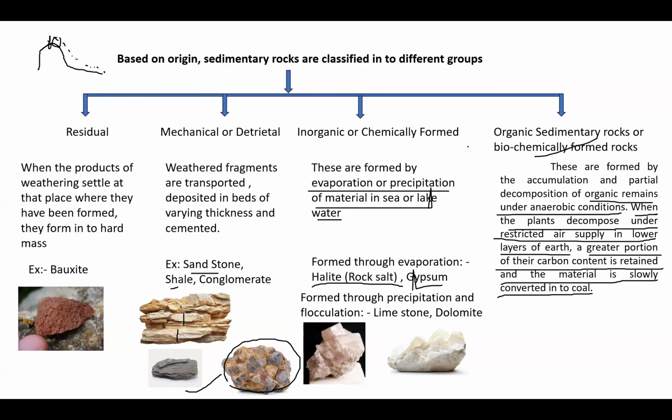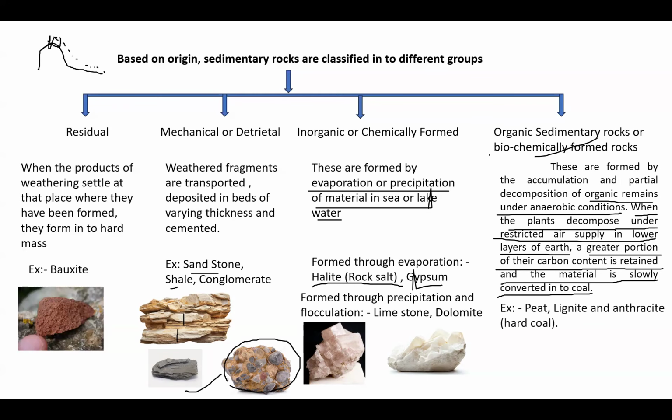That means whatever organic residues or plant materials are there, they are deposited beneath the layers, and due to the intense heat and that anaerobic condition, they are ultimately converted into coal.